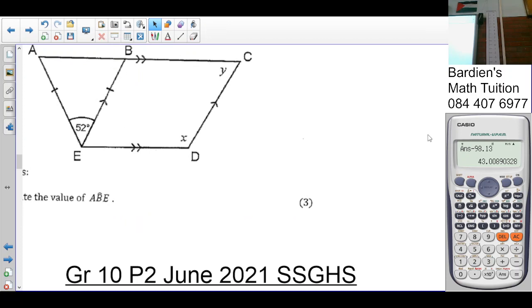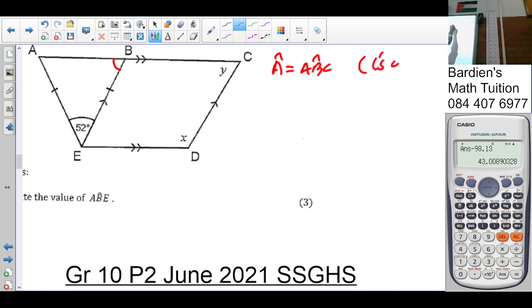We know that angle ABE is equal to angle A. Why is that the case? Angles opposite equal sides. So angle ABE plus angle A, which is also ABE, plus 52 adds up to 180. Why?